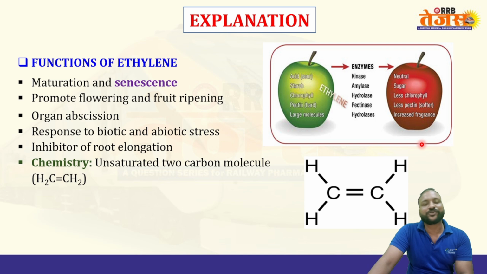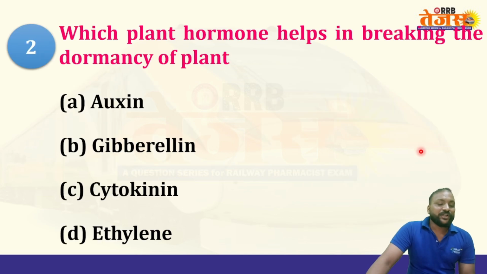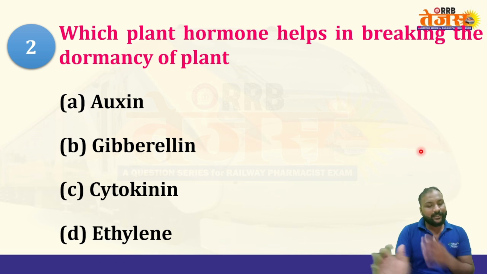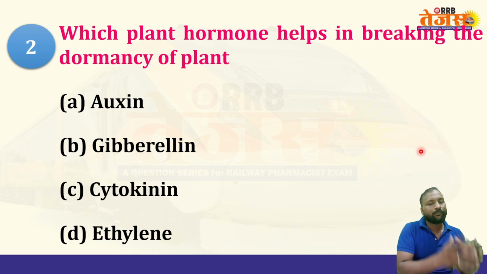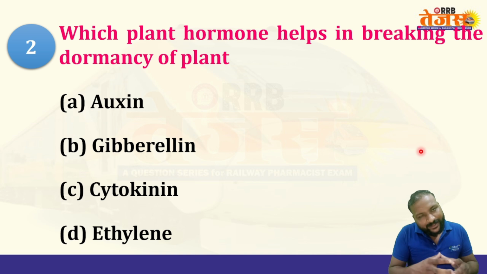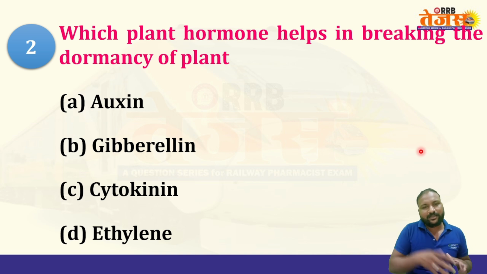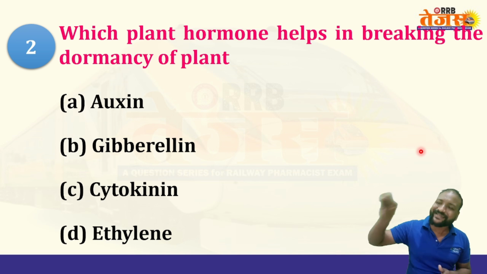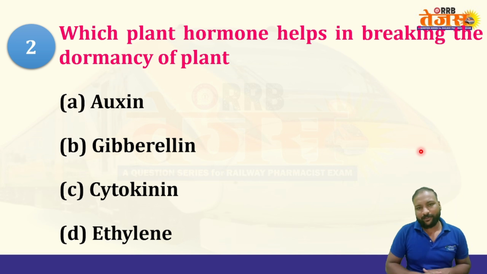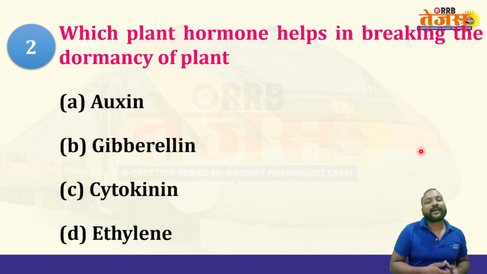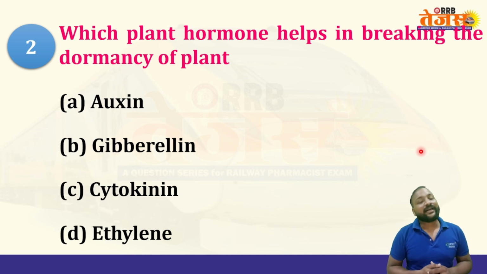Let us go for the second question. Which plant hormone helps in breaking the dormancy of the plant? Every plant hormone, growth regulator, promoter as well as inhibitor has specific functions, just as our body has different hormones with different functions.